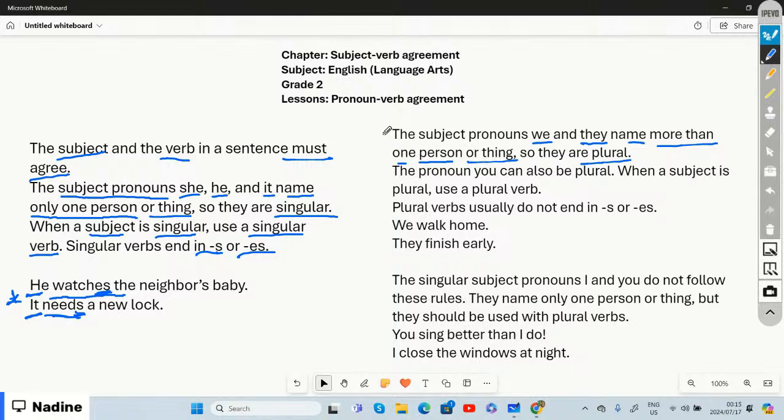And the pronoun you can also be plural. So you can either refer to it as being singular, or it can refer to it being plural, right?